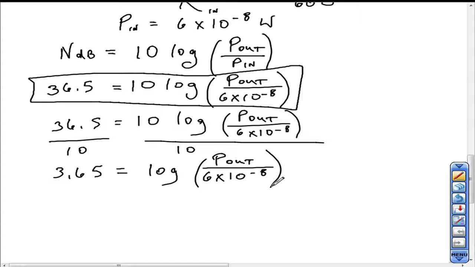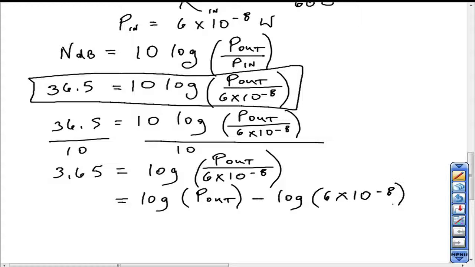Excellent. Now at this stage of the game, you can think back to all of those cool log functions that you learned. If you were dividing, you could rewrite this as the log of P out minus the log of 6 times 10 to the negative 8.